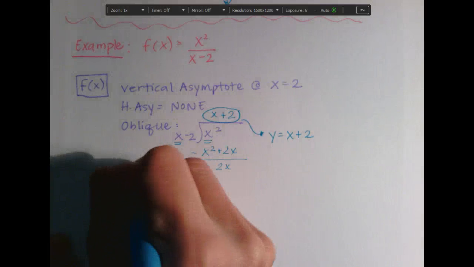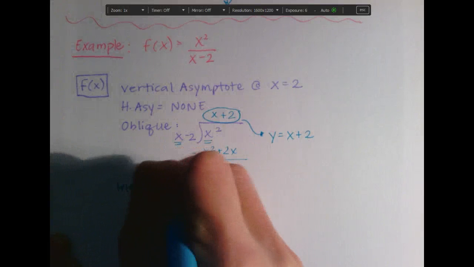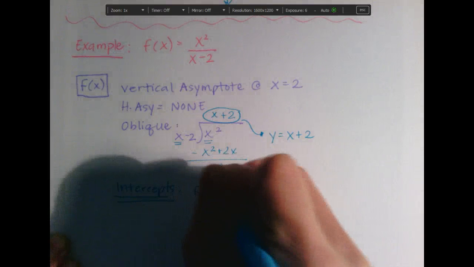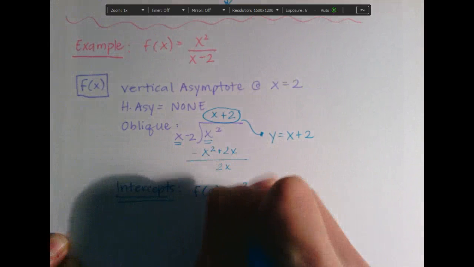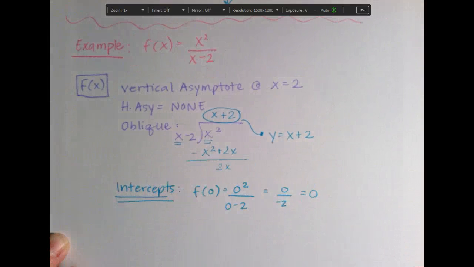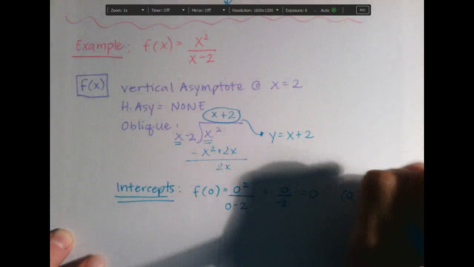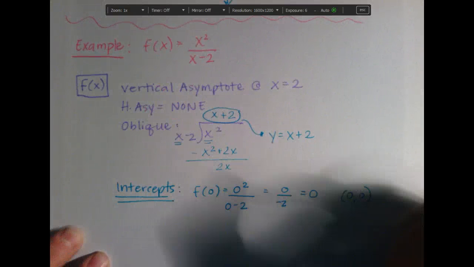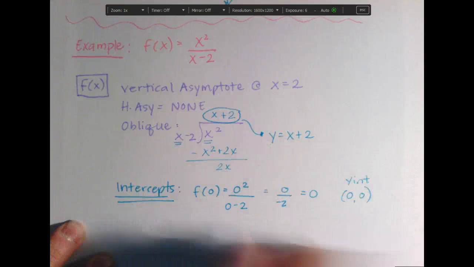Let's also take a look at intercepts of the function. If I let x equal 0, I'll get 0. So I've got one intercept here at (0, 0). That's my y-intercept.